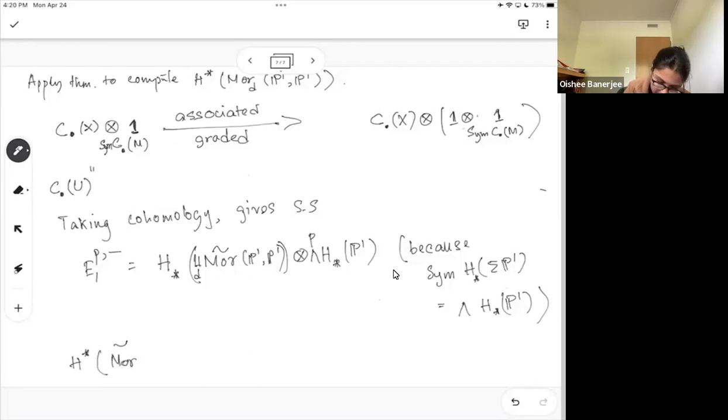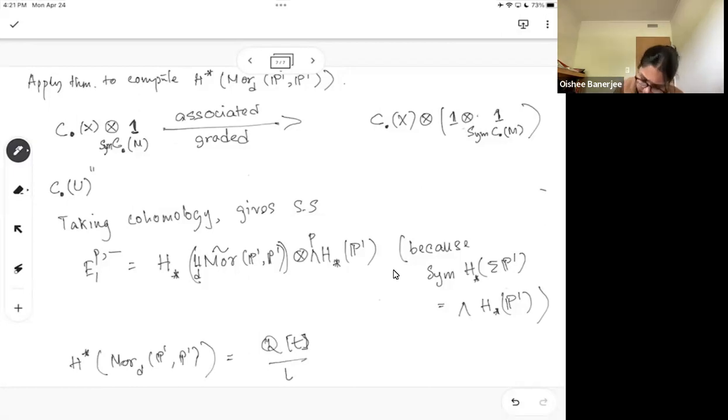With ring structure, it is simply Q[T] modulo T squared, where T has cohomological degree 2. I am computing it rationally because mainly what I care about is rational or Q_l coefficients, because that's the only thing the arithmetic side cares about.